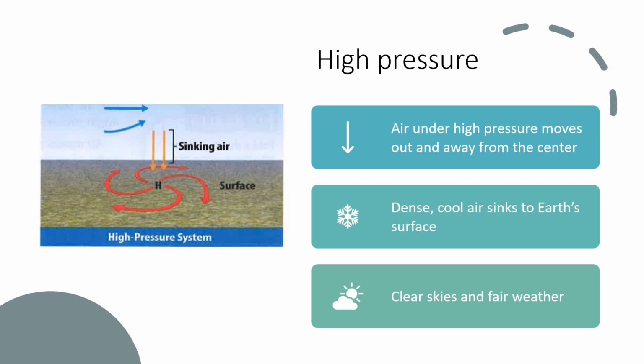You don't have extra precipitation to where you have rainstorms. It pulls down and moves in an outward motion to keep those clear skies and fair weather. So again, I associate high pressure systems with high mental well-being and positive, clear, fair weather skies.